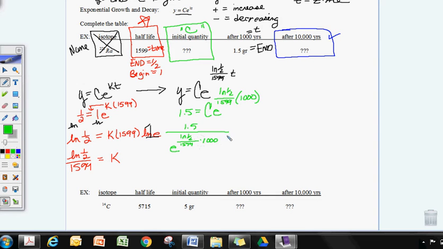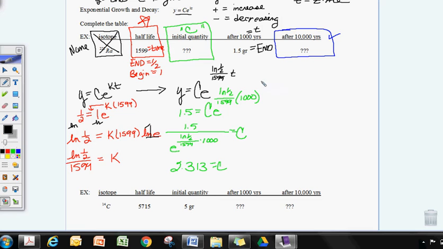Grab your calculators, work that out. That's your C value. In calc, we take it to three decimal places. We could leave this exact, but it's going to get a little messy. It turns out to be 2.313 as my C value.